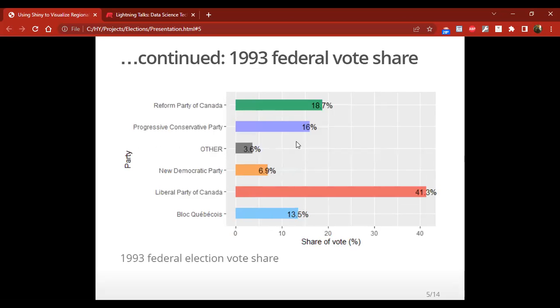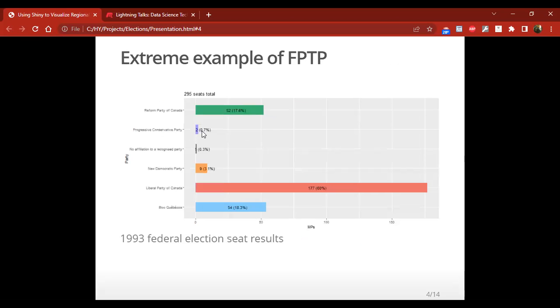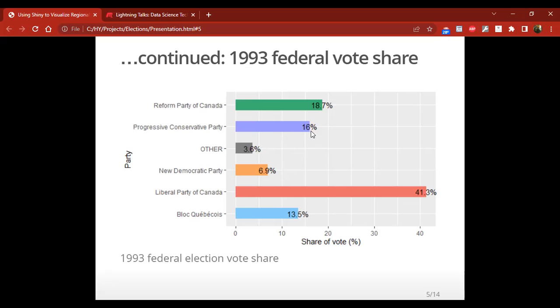So what happened with the popular vote? Well, actually the PCs did, I would say, well, because they lost two thirds of the popular vote from 1988, but not as badly as seat counts might indicate, which is less than 1% of the seat count versus 16% of the popular vote.